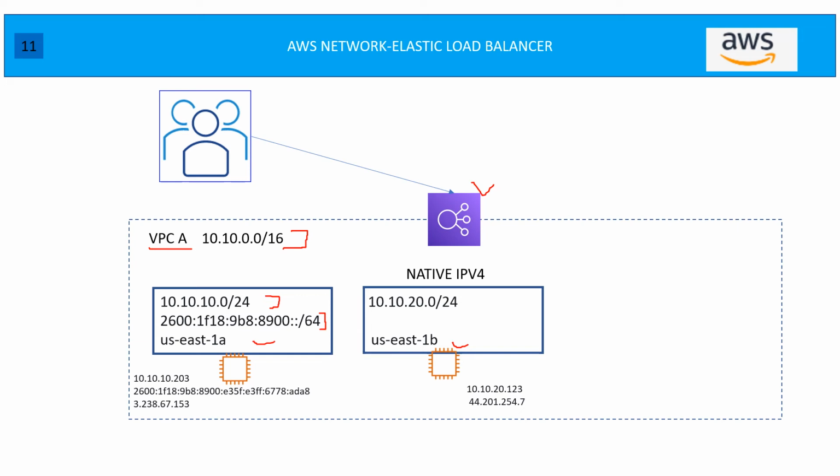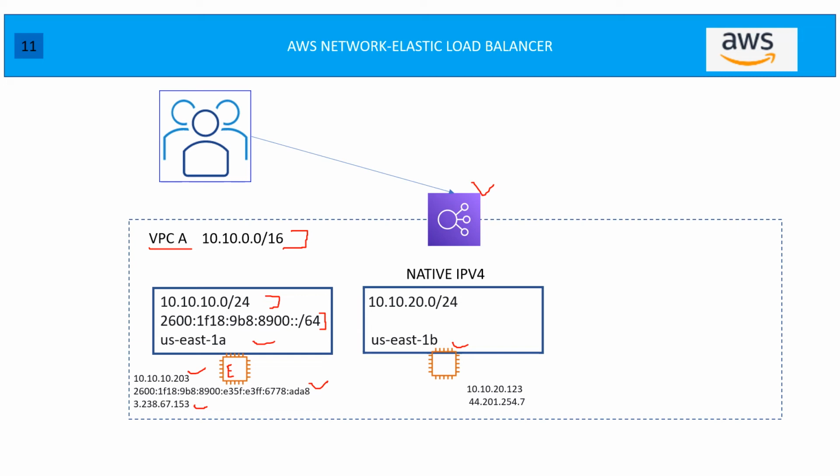So this is my EC2 instance, and since it is up and running, this is the internal IP which got assigned to it. This is going to be the IPv6, and this is going to be the public IP address. The reason I have the public IP address is because I need to access these servers to do the website configuration or to turn on the web services here.